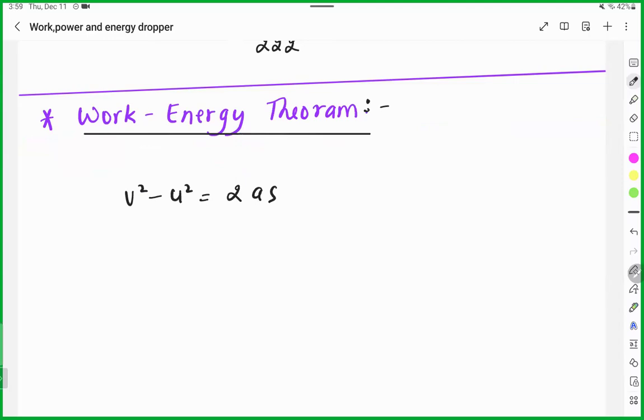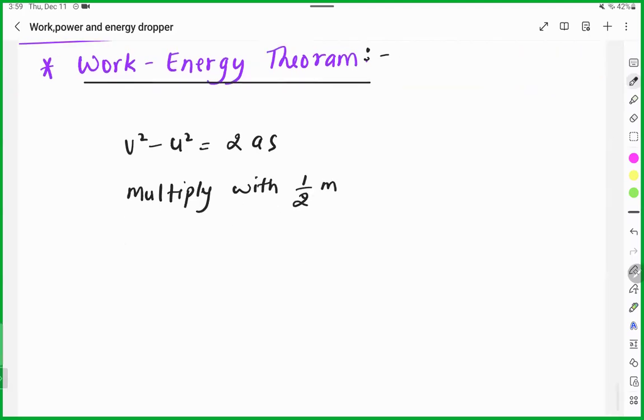If you multiply with half m in every situation, it doesn't make any difference. So this side it will be half m v square minus half m u square is equal to half m 2as. 2 will be cancelled out.